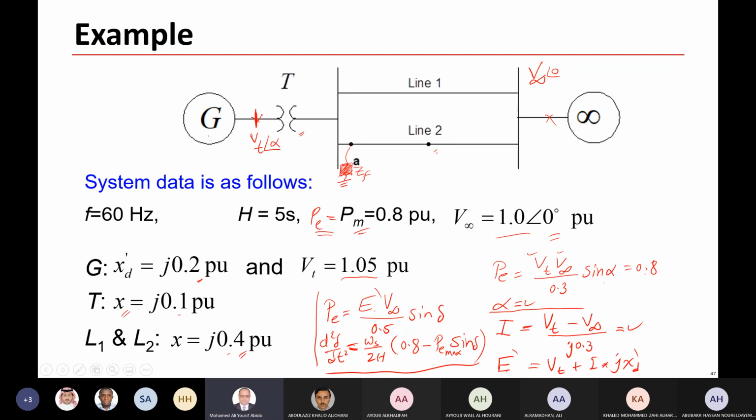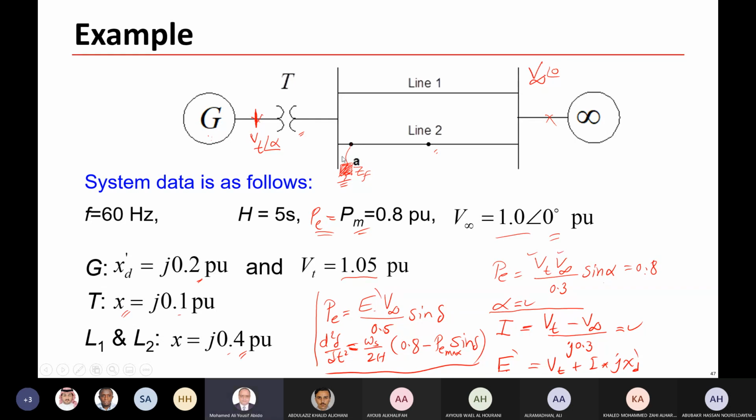You are given here a fault impedance. If it were a solid fault at the bus, there would be no power transfer during the fault. But you are given a fault with impedance.